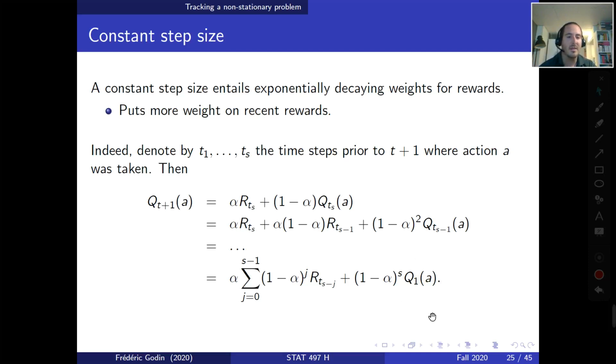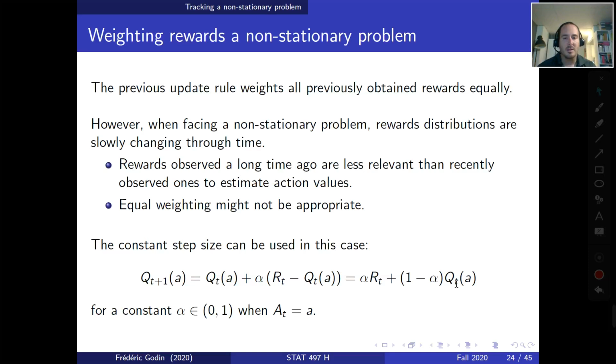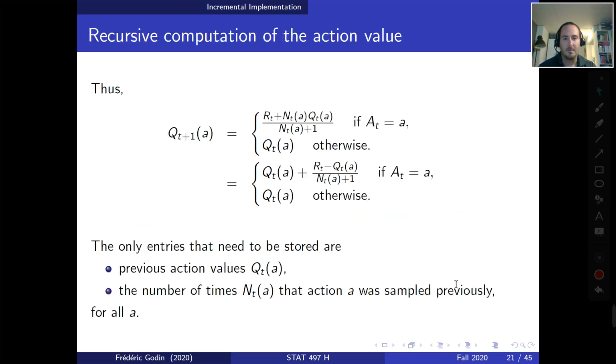Okay, so we see that the initial estimate of action A has an impact. For equally weighted rewards, as soon as you sample an action A once, the impact of your initial estimate Q1(A) will disappear. But if you never sampled from lever A, then your estimate is the initial estimate, so this also has an impact.